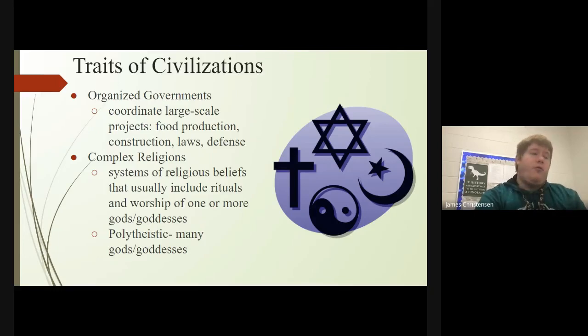Now, one thing to note before we get into any of those civilizations is we're going to talk a lot about polytheistic religions as they relate to ancient civilizations, mainly because it gives us a really good insight into their culture, their traditions, and how they did things. Because a lot of times people's decisions are guided by their moral beliefs, and sometimes those beliefs come from their religions.